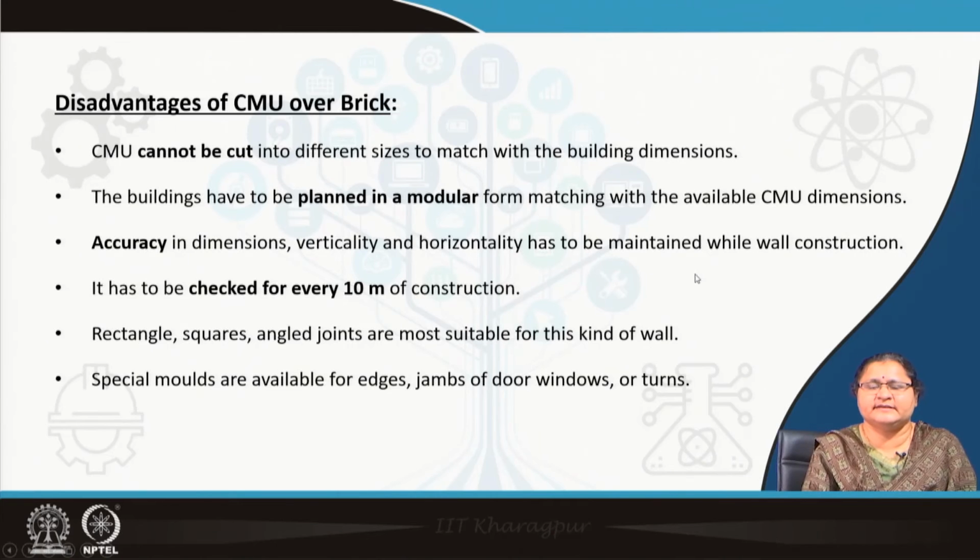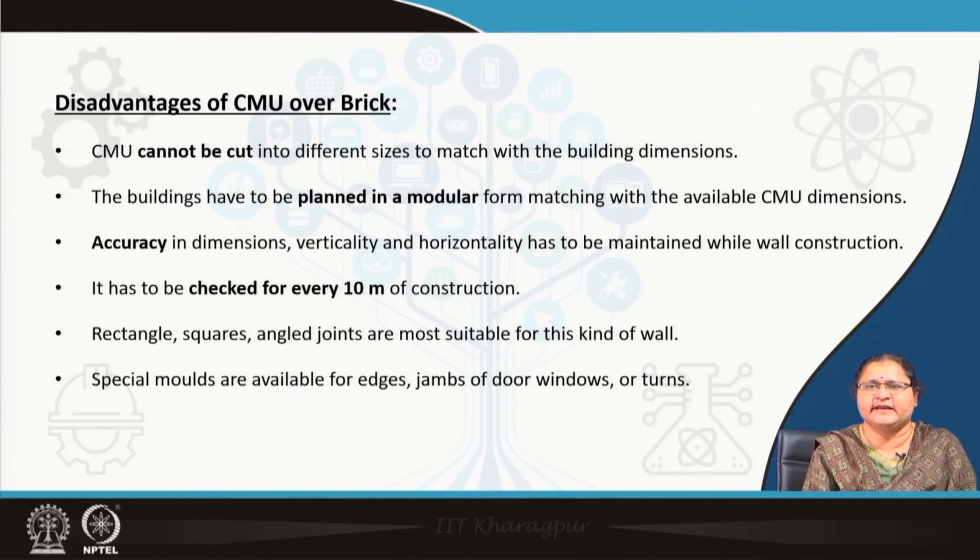Coming to the disadvantages, they cannot be cut into as many shapes and sizes as you want. Buildings have to be planned in a modular way, matching the dimensions of the CMU. Accuracy is also very important, because they will finally merge with the main structure, or if it is load bearing, it has to end at a certain point.